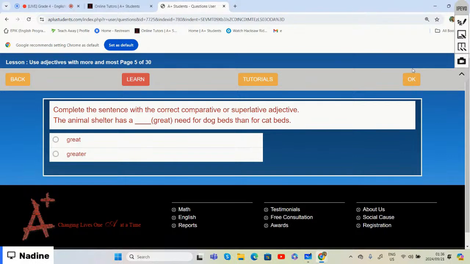We need to choose option one or option two. Great or greater.